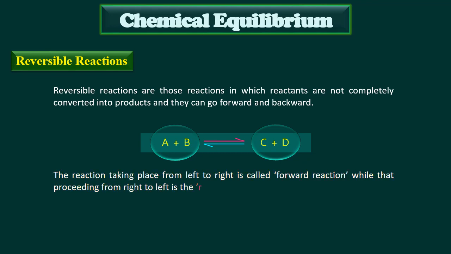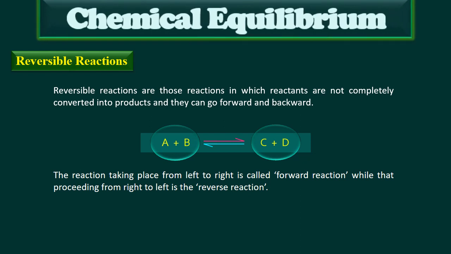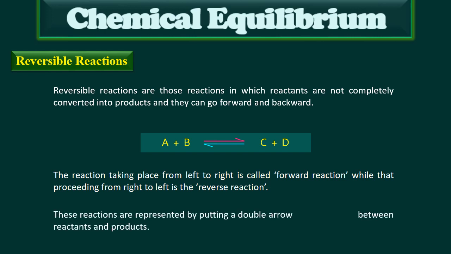The reaction taking place from left to right is called forward reaction, while that proceeding from right to left is the reverse reaction. And when the forward and reverse reaction occur at the same rate, that's called the chemical equilibrium. These reactions are represented by putting a double arrow between reactants and products.